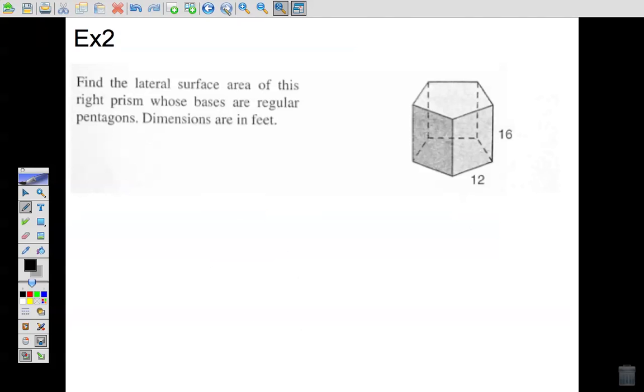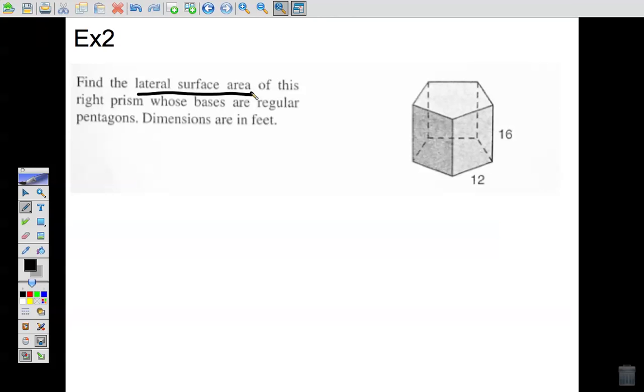Now, here's the one that is going to be a little different. As we read this, it says find the lateral surface area. A while ago, we talked about the lateral surface area, or the side.